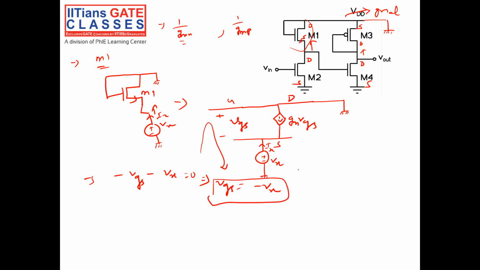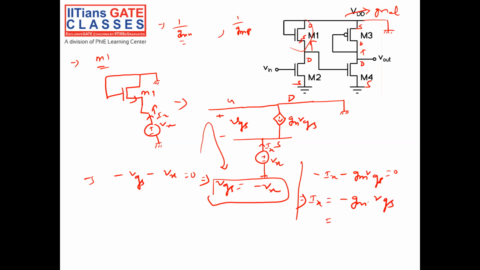Now you see this node, the current is coming in. We will put a nodal equation at the source. Current coming in is minus Ix, minus gm VGS is equal to 0. This implies the current Ix is equal to minus gm into VGS.